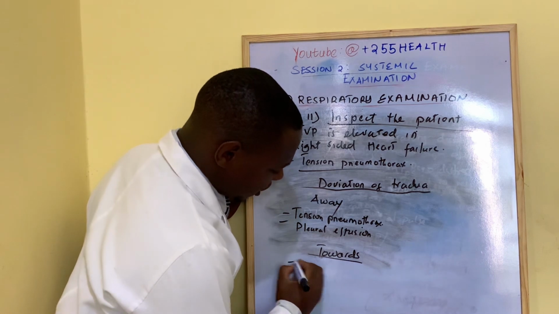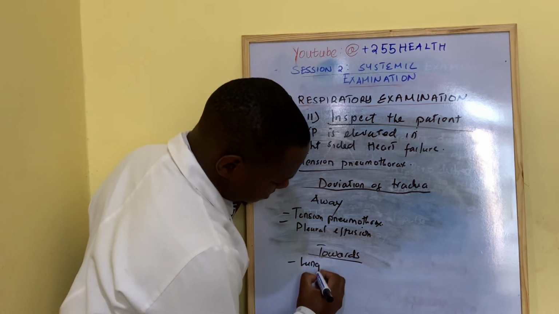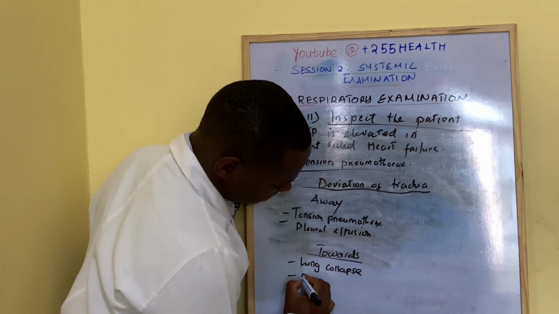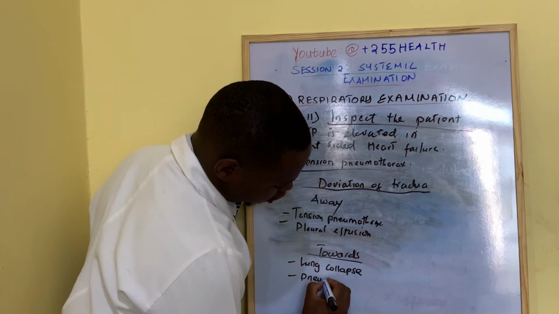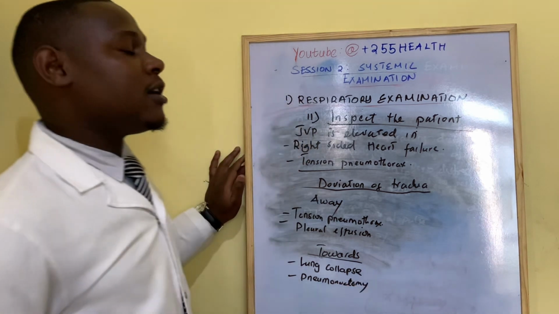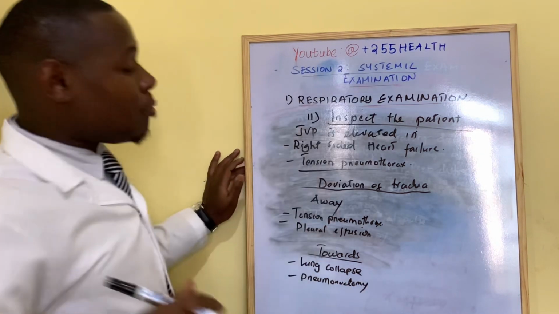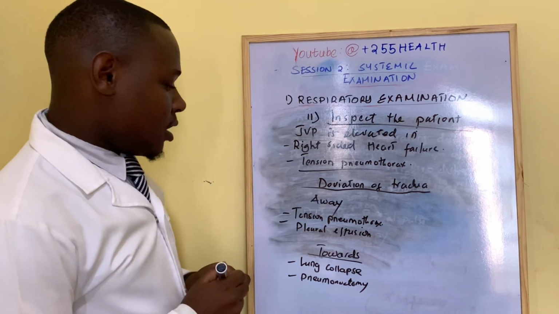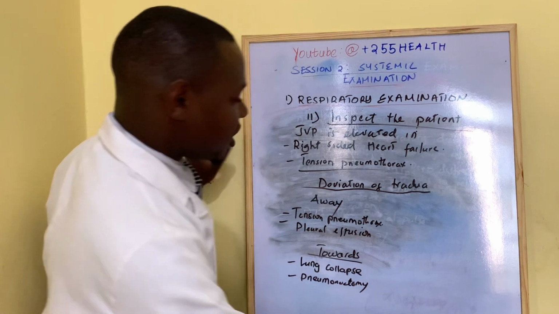You have conditions such as lung collapse, and when someone has a pneumonectomy, maybe a dissection of a lobe of the lungs due to a certain malignancy which has been found in it. So that's about the deviation of the trachea.